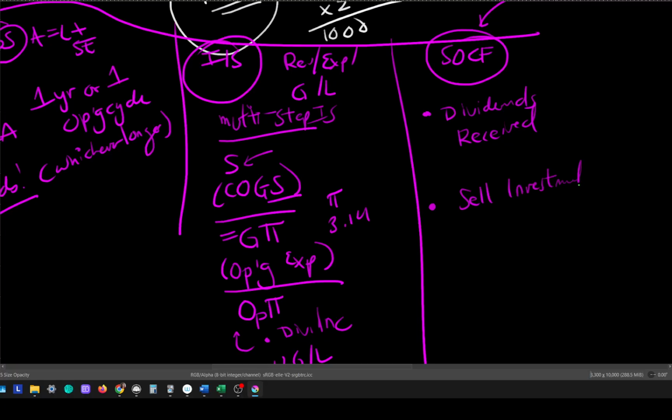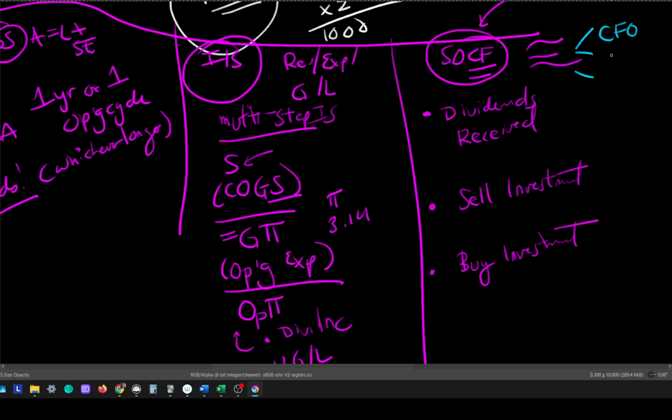So when you buy the investment, when you sell the investment, and when you get dividends, basically for the statement of cash flows, think about all the ways that money flows in or out of the business. So that happens when you pay cash to buy the investment, when you sell off the investment, and when you receive dividends. So dividends received, we've got three options here. Let's go through that first.